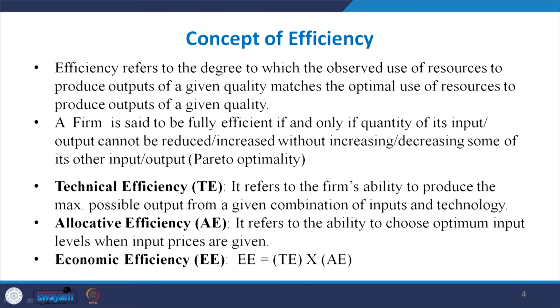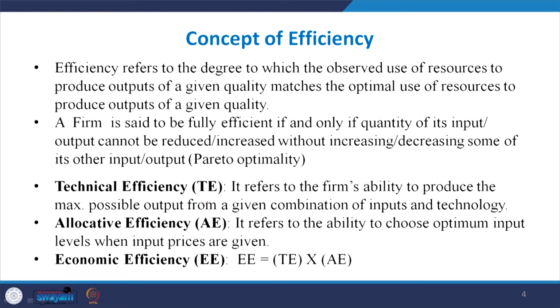So, it is the ratio of the actual product to the maximum possible output that can be produced with the given set of inputs. So, efficiency will range between 0 and 1.